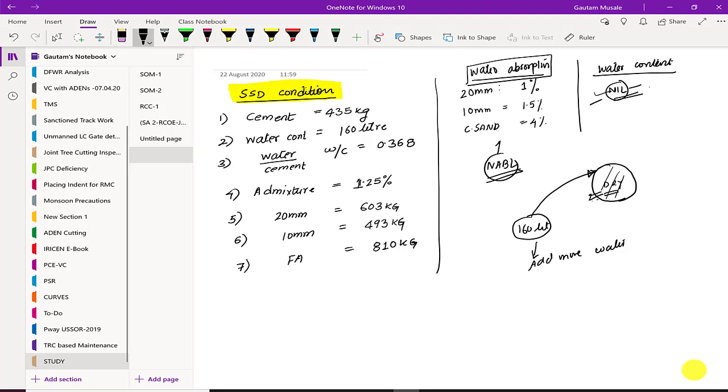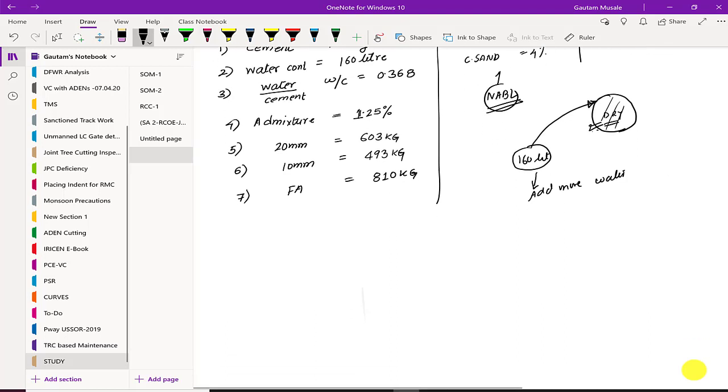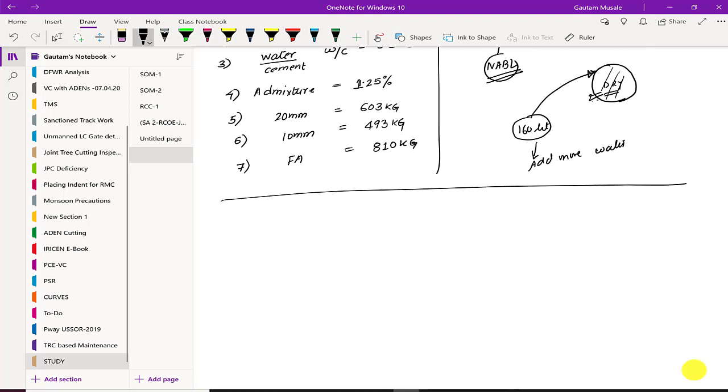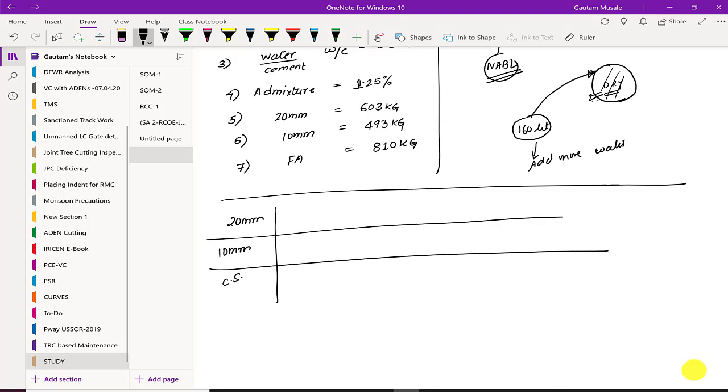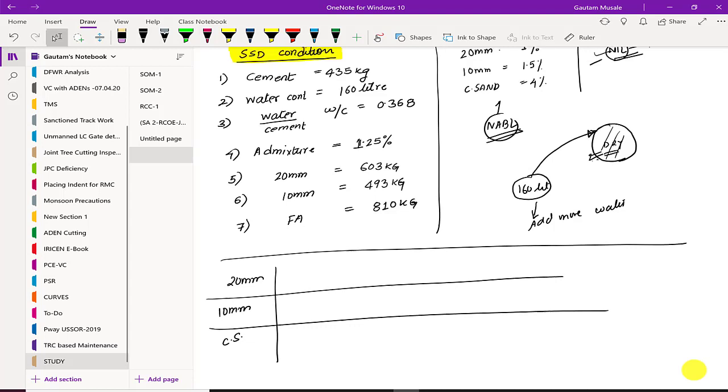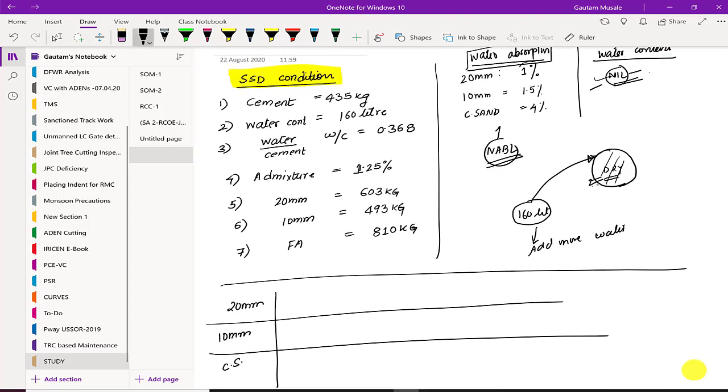So now how much water do I need to add? That we will have to calculate, right? Let us say it is 20 mm. I will draw 10 mm, and CS means crushed sand, right? Coming back to 20 mm, how much is the water absorption? It is 1%.